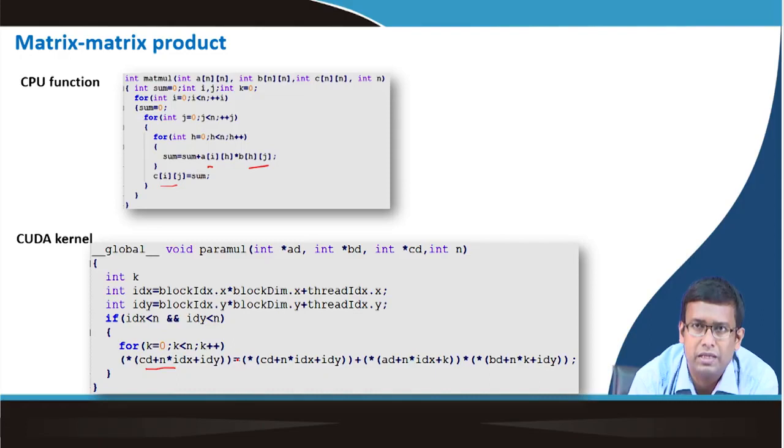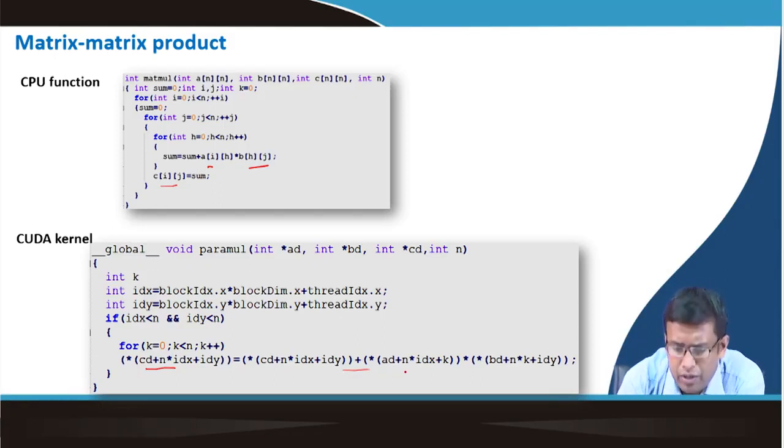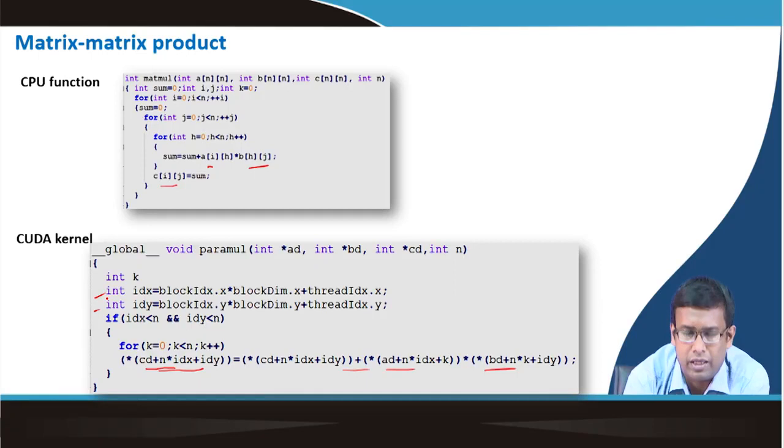Host matrices are A, B, C, and these matrices are AD, BD, CD. This addition is a dot product over all the elements in a particular row and column. Well, now what we can see is that we have coalesced the memories. Instead of 2D matrices, we are considering them as 1D arrays and writing to the particular location given by the global thread IDs.